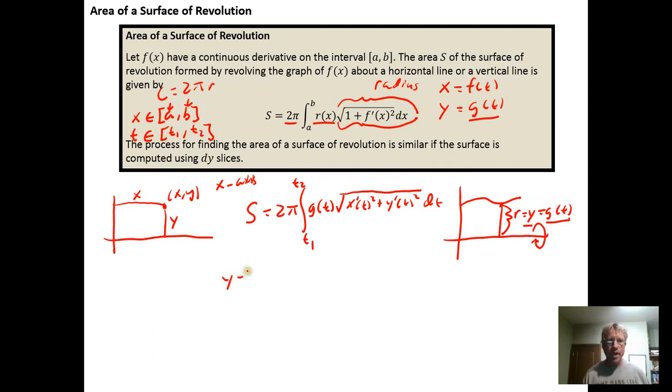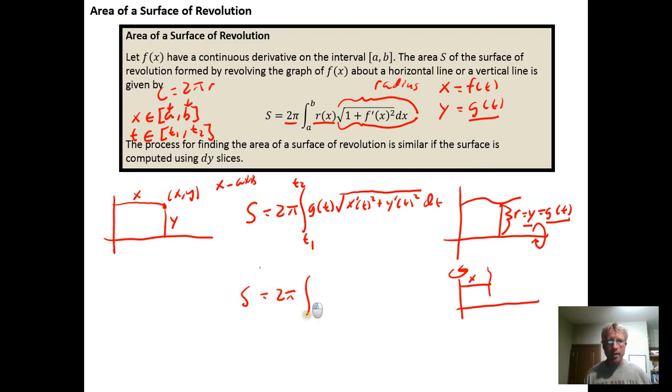If we wanted to do a y-axis revolution, revolving some parametrically defined curve with respect to the y-axis, the radius is going to be the x-coordinate. The distance from the curve to the axis of rotation is x. But if x is f of t, then we simply use f of t to describe the radius for a y-axis revolution. So the surface area formula for a y-axis revolution is just as straightforward.